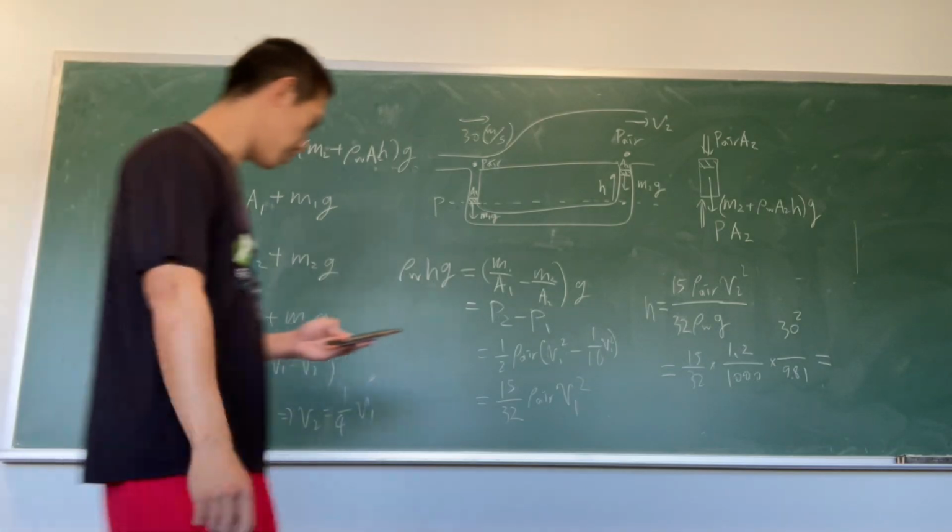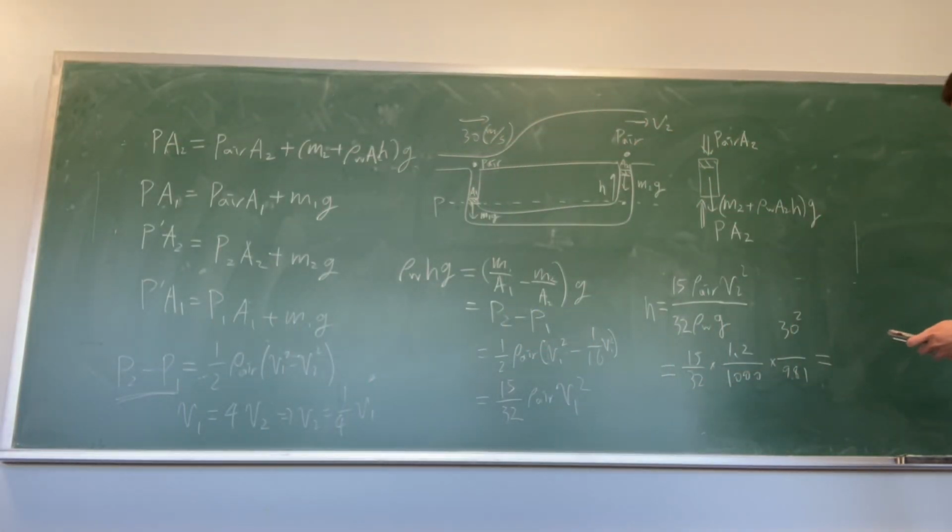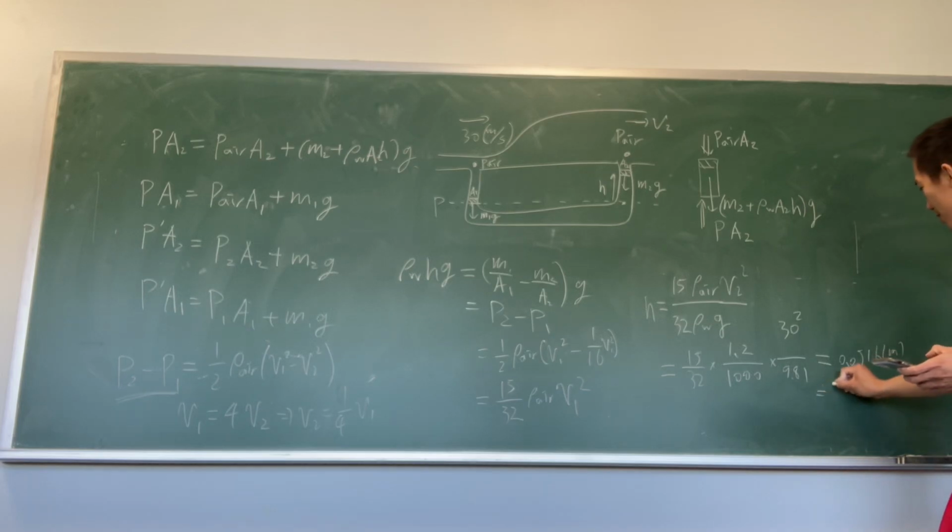So put those numbers into the calculator. You get 0.0516 meter, which is 5.16 centimeter.